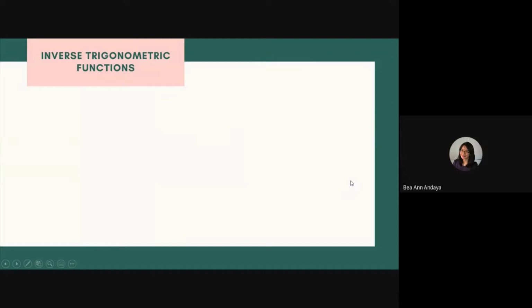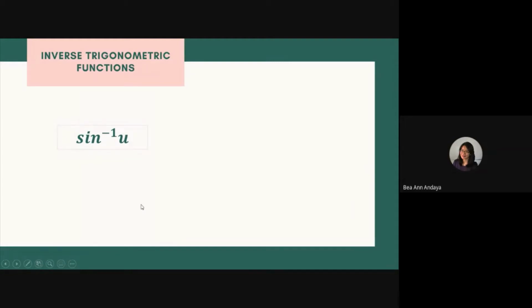For the notations of inverse trigonometric functions, we write them as follows. One is, you can rewrite this using the power -1, or kung babasahin ninyo ito, this is basically the inverse sine of u. So yung u dito is taken as the angle for that particular function.